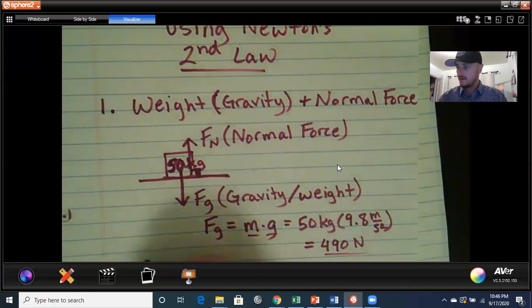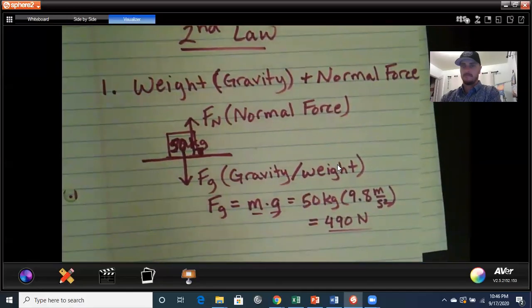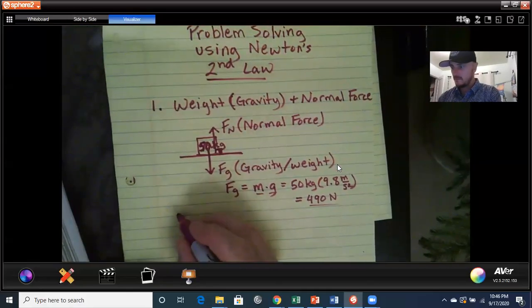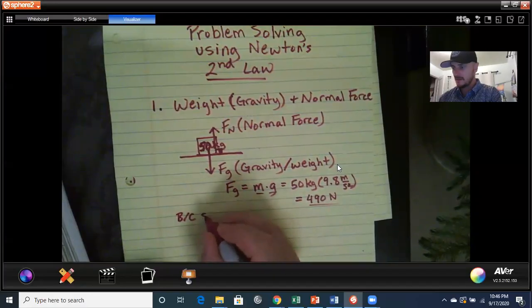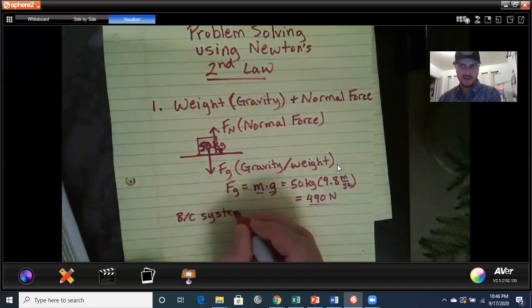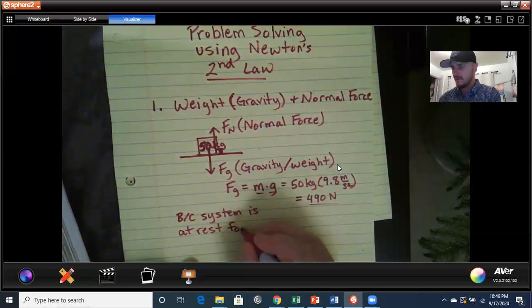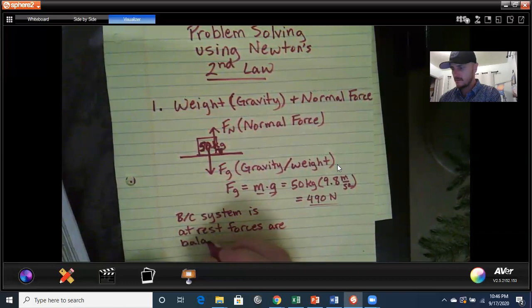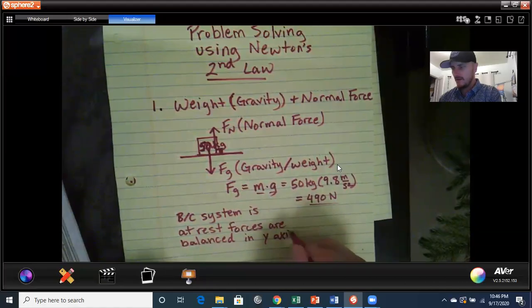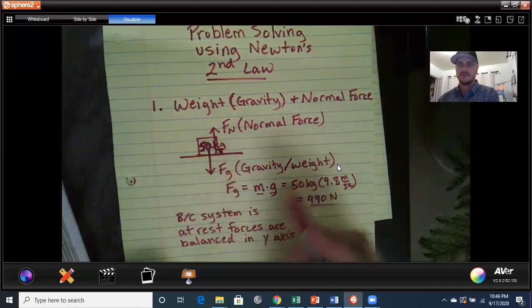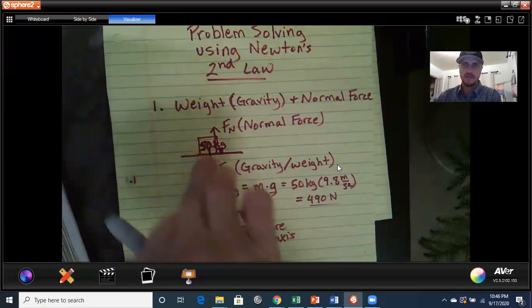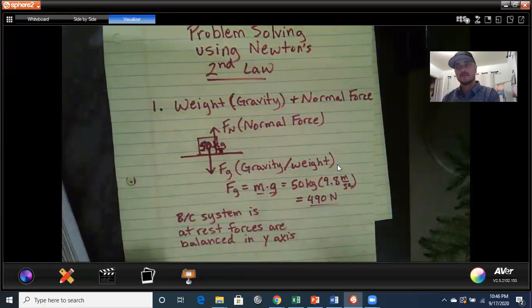So I'm going to say here, because the system, you could say box if you want, is at rest, forces are balanced in the y-axis. If you notice here, there are no x-axis forces. No one's trying to push it from this side or this side. There's only y-axis forces. So those forces must be balanced.